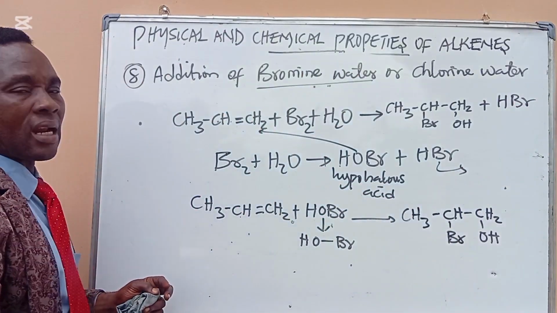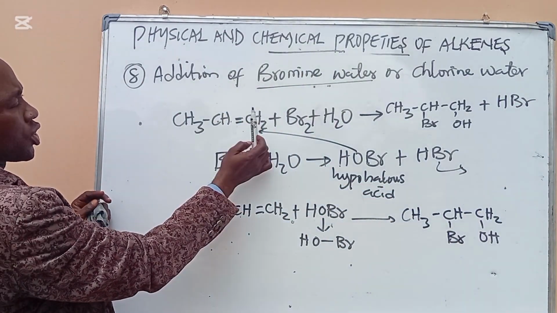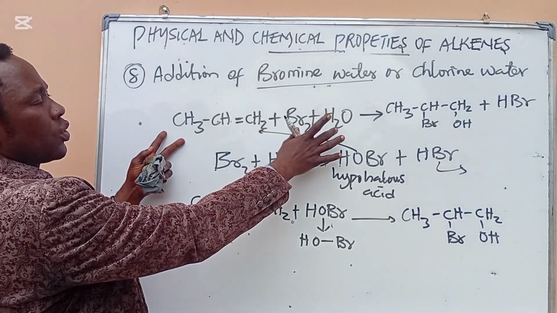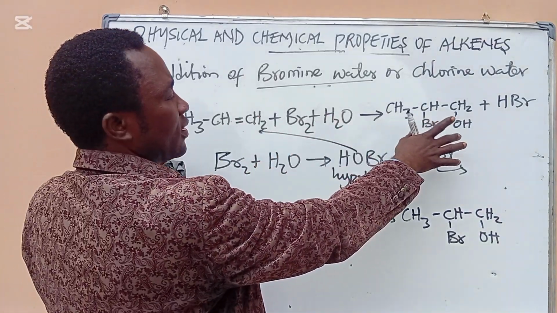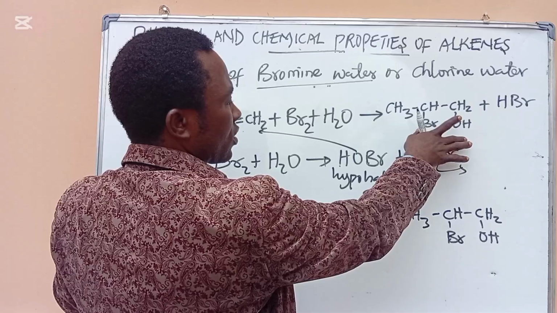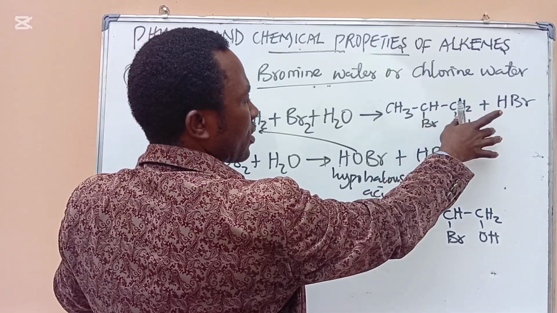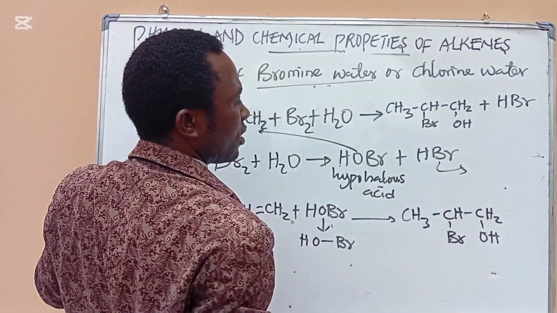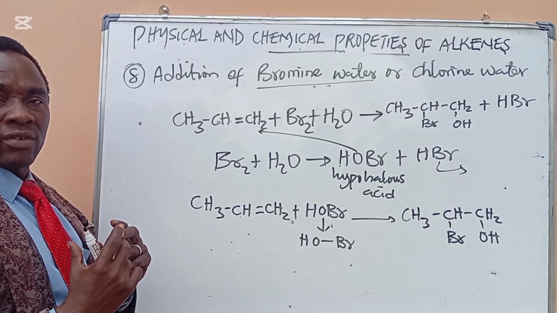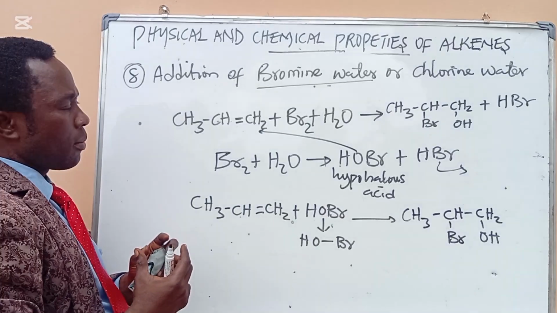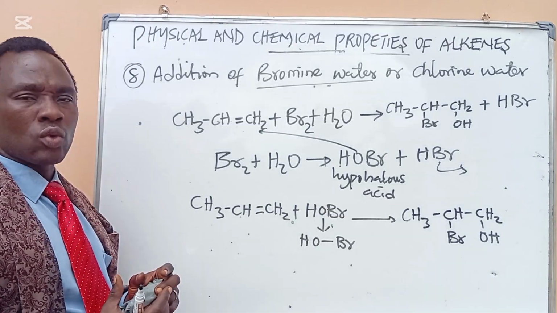So that is the general equation. When you react this propene with bromine water, you get this compound and hydrogen bromide.